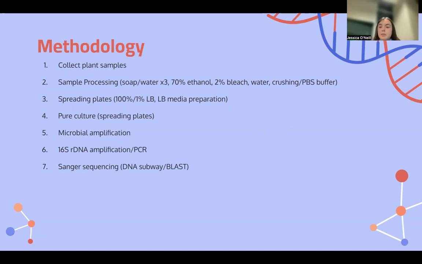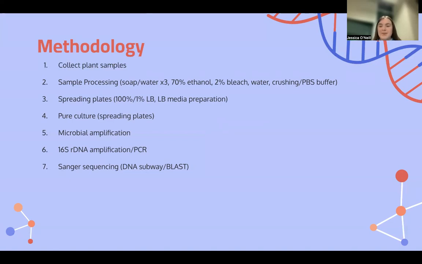It would be much harder for the bacteria to grow on 1% plates than on 100% plates because they have far less nutrients. Once we had cultured the bacteria on the 100% and 1% plates, we then selected samples from each plate to do a pure culture of.